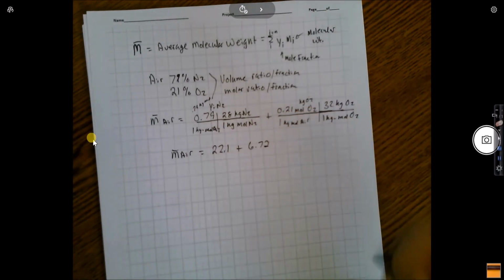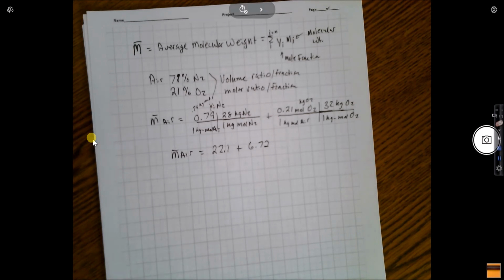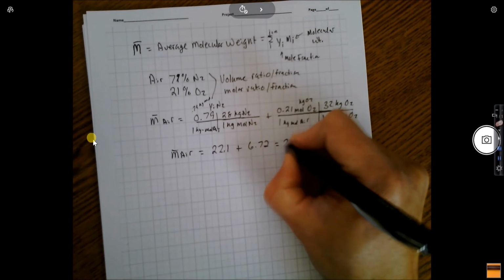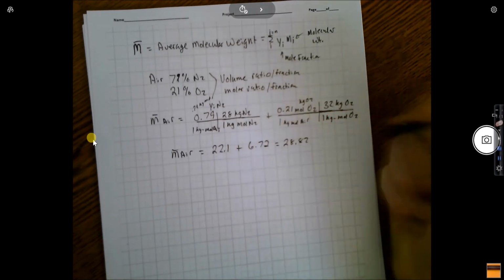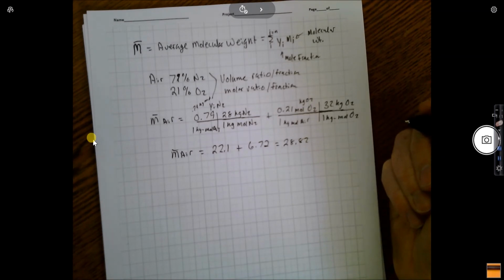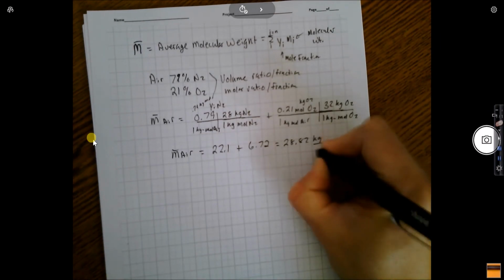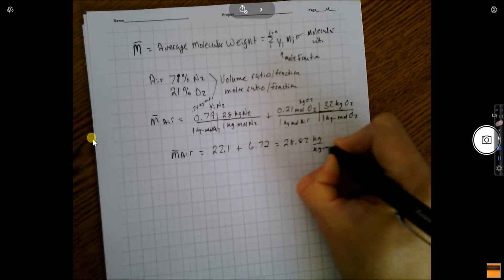And the units, I struggle doing this portion of the course always, and I'm sure there's somebody who knows how to do this a little better than I, maybe even a better YouTube video. But you add them together, and that is equal to 28.82. I think in this place it would be kilograms per kilomole, or kilogram mole.